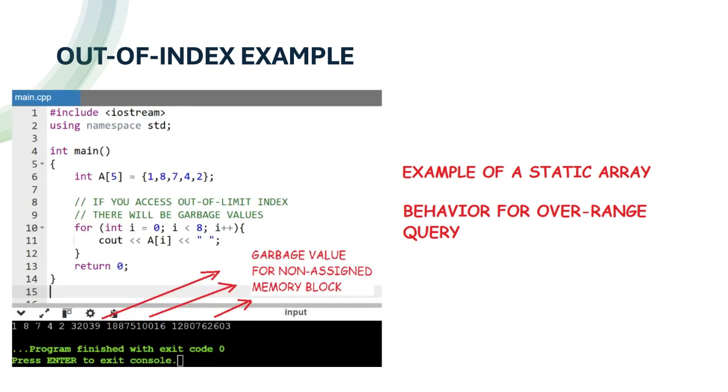So we can see that whenever we try to query an unassigned memory block, a garbage value is gonna be returned, because those are numbers that are randomly generated by the system.